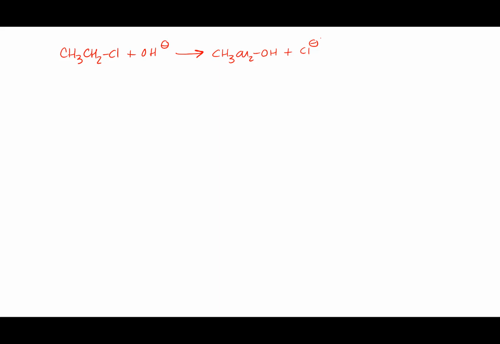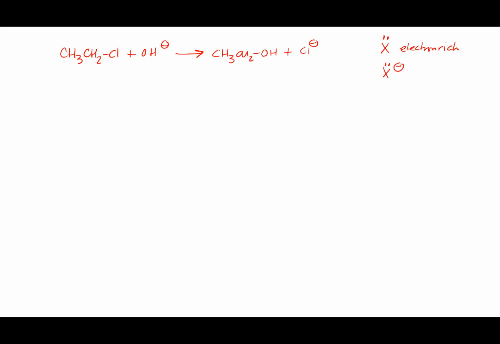Now, we have a term for molecules that have excess electrons or are electron rich. Species that are electron rich, meaning that they have either a lone pair or they have a lone pair with a negative charge.